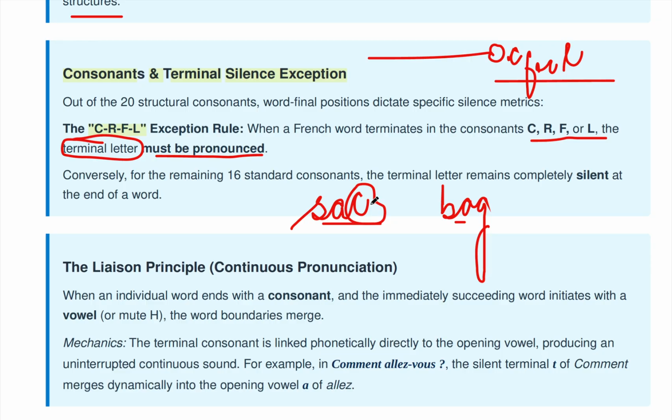You don't have to pronounce it. For example, if I'm giving you an example, supposed to be written here SAL. Now tell me, are we going to pronounce L or not? Exactly, we will pronounce it because of what rule? Because of the CRFL rule.